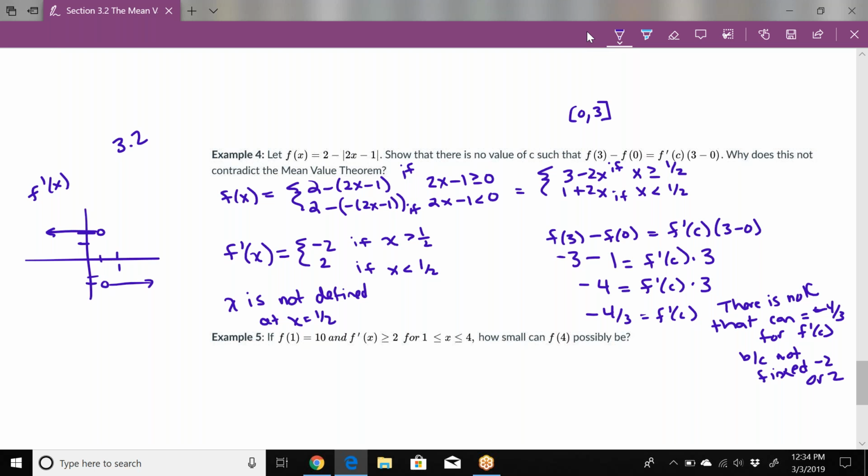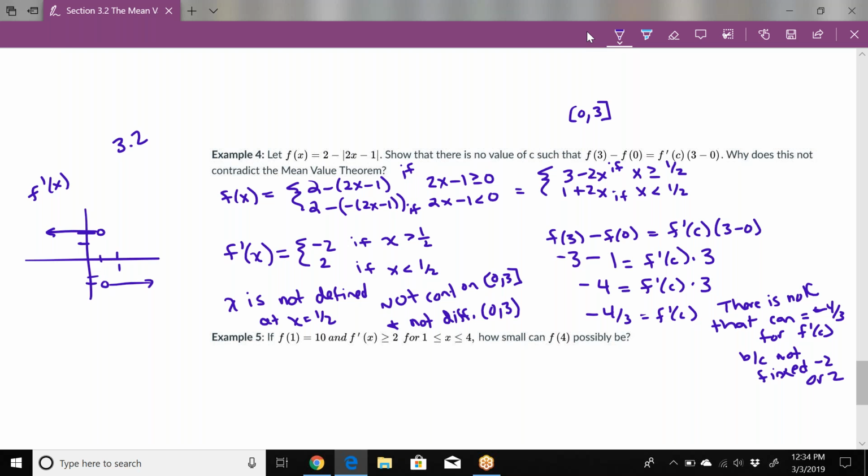So not only are we not differentiable there, we're not continuous on 0 to 3, and not differentiable everywhere on the open interval 0 to 3. That's why it failed, and it doesn't contradict the mean value theorem because we didn't check for those conditions to begin with, so you shouldn't have even been using the mean value theorem in this specific problem.